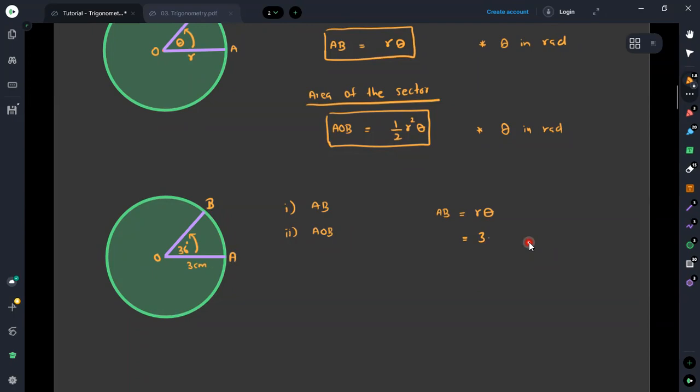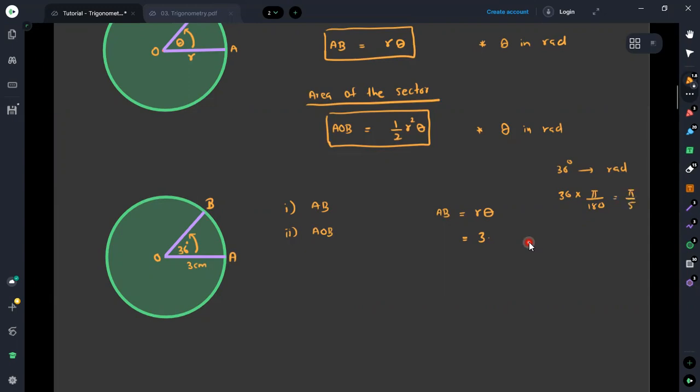First we need to convert 36 degrees into equivalent radian measure. We multiply 36 by pi over 180, which is the radian measure equivalent to 36 degrees. If you perform this calculation, we will get pi divided by 5.